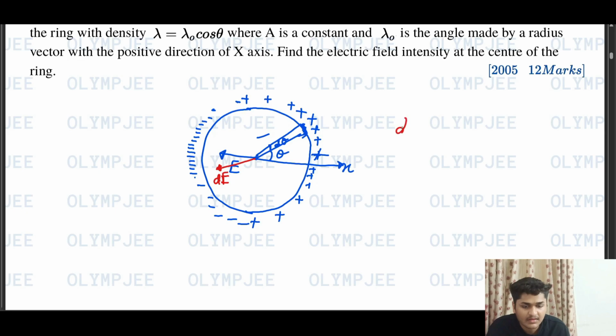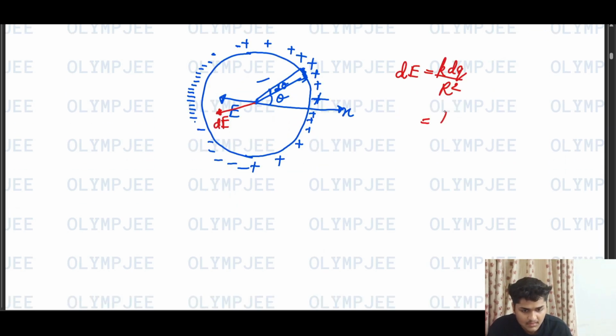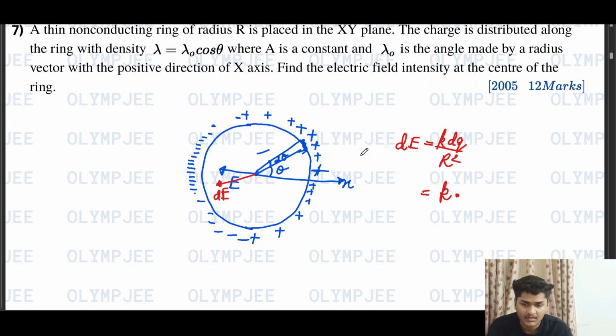So dE can be given as k dq by r square, and dq can be given as: first we need to find the linear charge distribution, which is lambda naught cos theta. Then this length will be r d theta, and divide by r square. So one r will get cancelled.